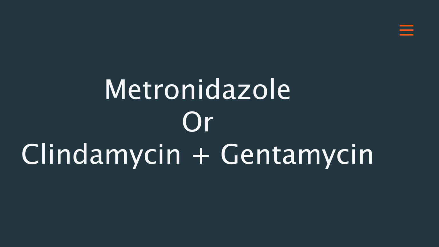For women who have an anaphylactic allergic reaction to penicillin, either metronidazole or clindamycin and gentamicin can be used. This should be given in the first 60 minutes prior to surgery. Adequate concentration in maternal and amniotic fluid samples is attained 30 minutes after administration.